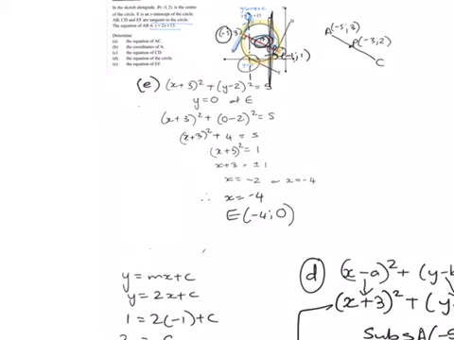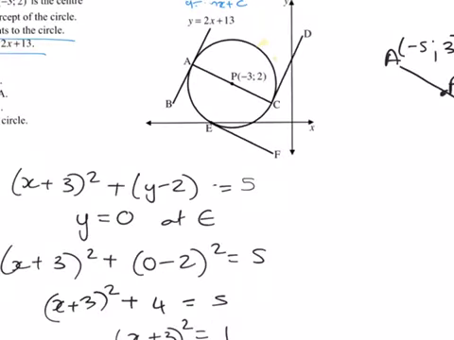Now if we go back, I'm just going to get rid of a couple of these. Right, so we know E is -4 and 0. We know this is a radius, so it's 90 degrees. So you could construct PE and work out its gradient, but you could also just think that these would be perpendicular here as well. So AC must be parallel to EF.